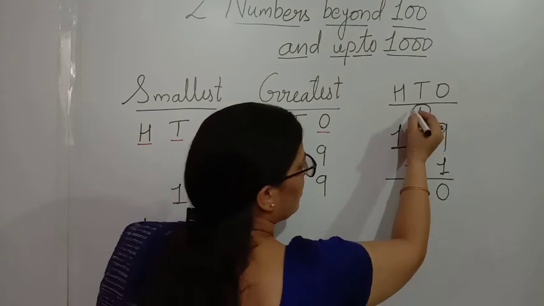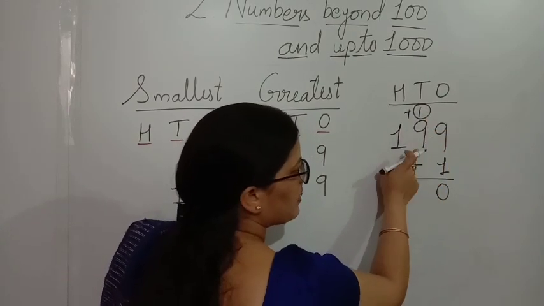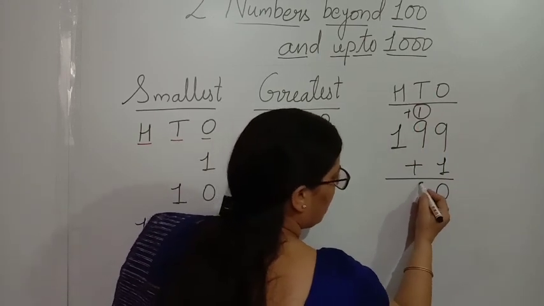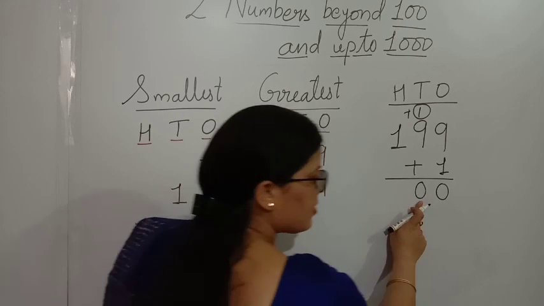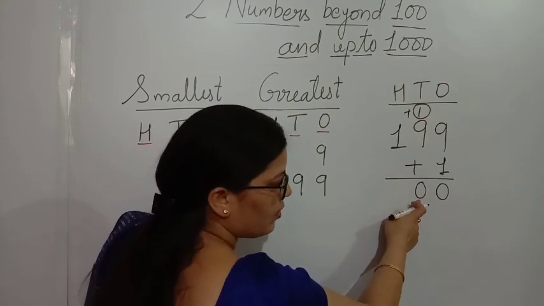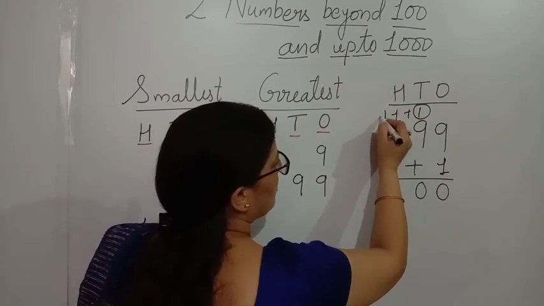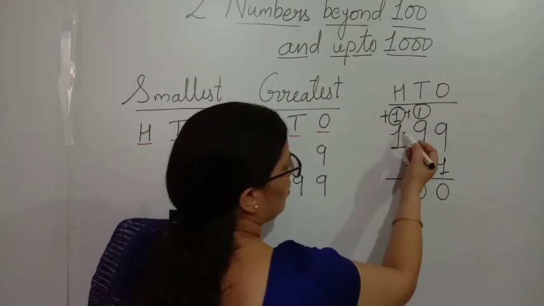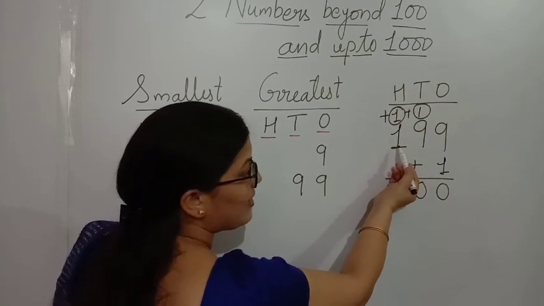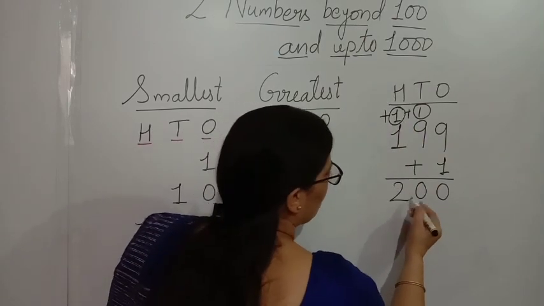Here we'll add this 1 to the tens place. What is at the tens place? It is 9. So 9 plus 1 is again 10, but again we'll write only 1 digit here. We cannot write 2 digits together at any place. So here we'll write 0 and carry 1 to the hundreds place. Now we'll add this 1 to the hundreds place. What is the digit at the hundreds place? That is 1. So 1 plus 1 is 2, giving 200.